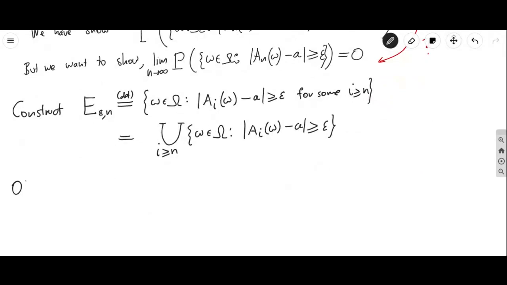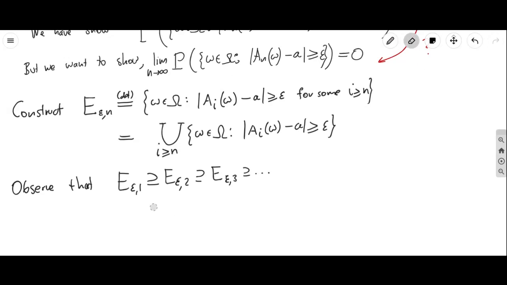But what happens when you construct these? Then you're going to observe that these events are decreasing. Why is that? Well, if you're located in the very first event, then you are saying that there's some integer larger than 1 that satisfies that inequality, right?